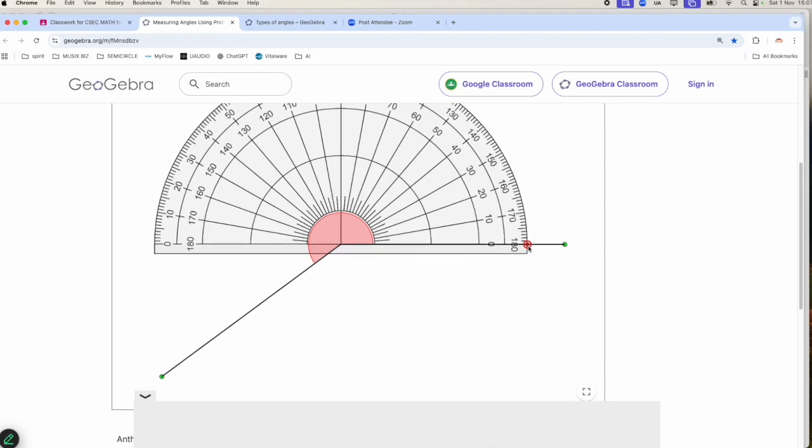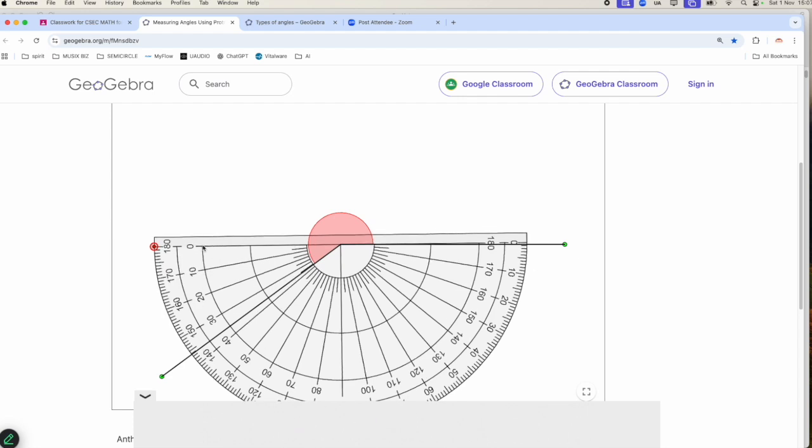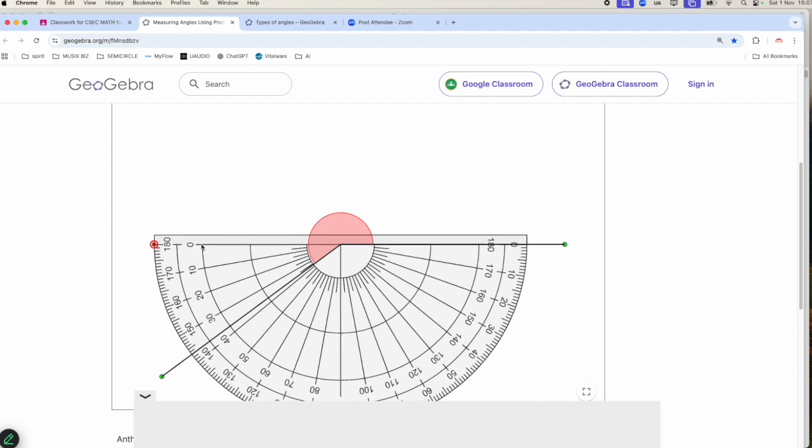So how do I do this one? Or I could come across here. Yep, that's how I do it. So it's an upside down kind of thing now. So I know that this half here is 180, right? So now I'm gonna measure this little section here, and that is this line coming here.